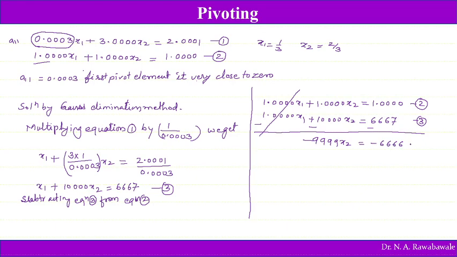We call this equation number 4. From this we get x2 equal to minus 6666 divided by minus 9999. Minus minus becomes plus, and which is nothing but 2 divided by 3. So this results into 2 divided by 3.